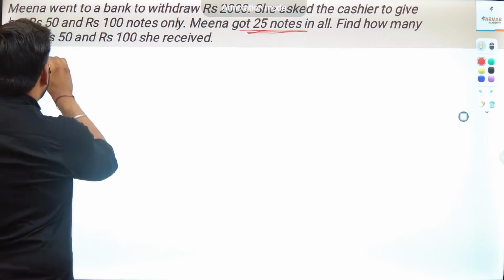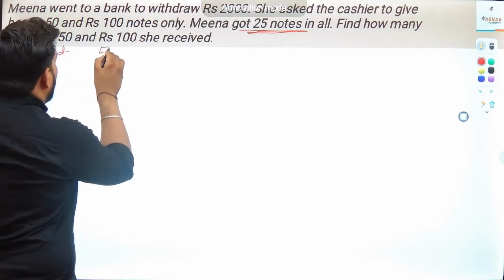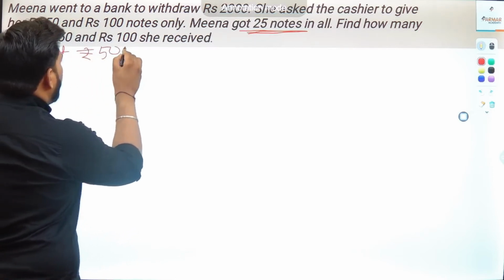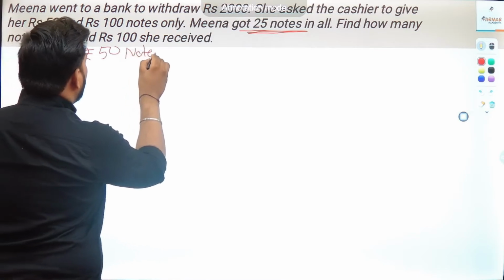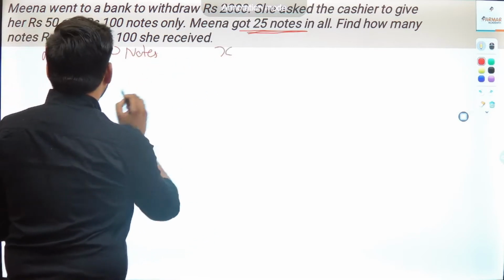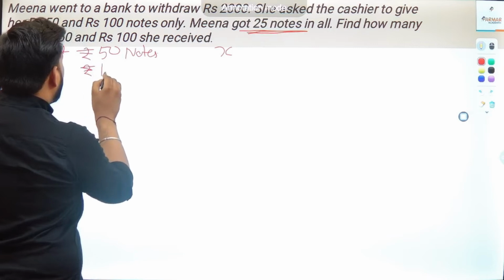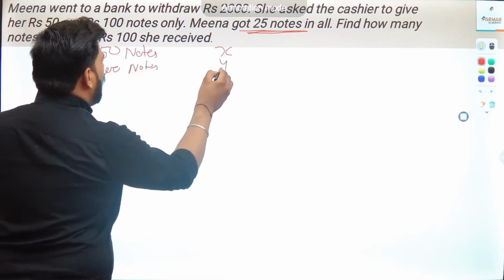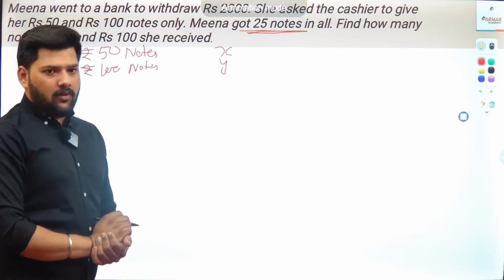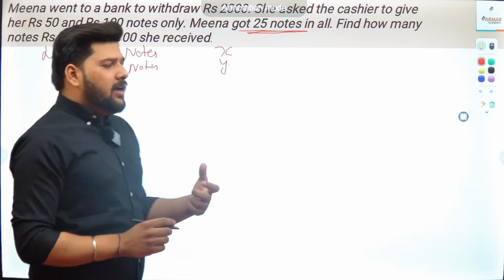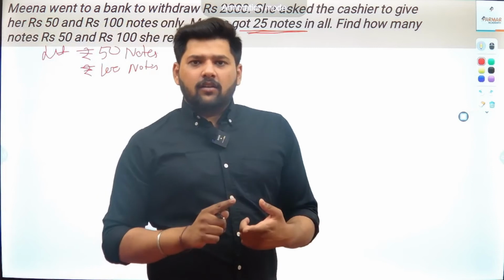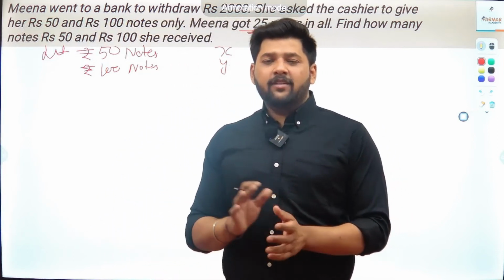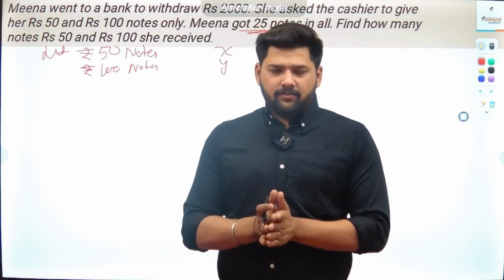So let rupees 50 notes be X and rupees 100 notes be Y notes. Look here, if we have 2 notes of rupees 50, the overall amount is 100 rupees.